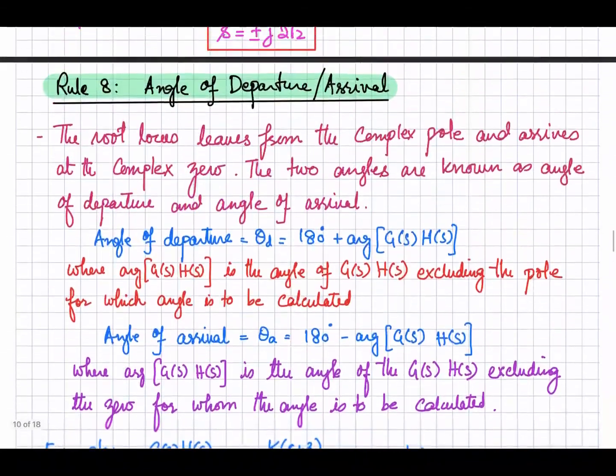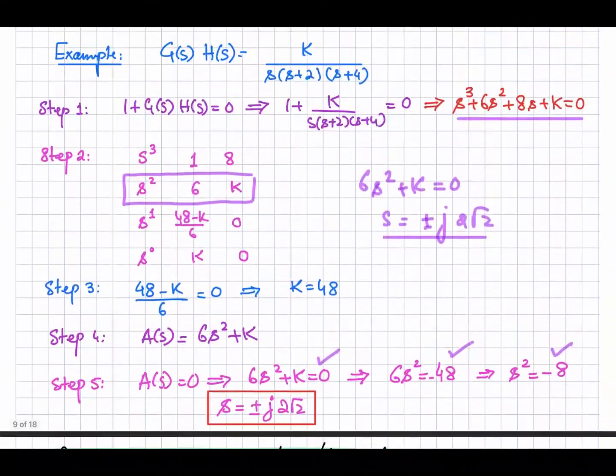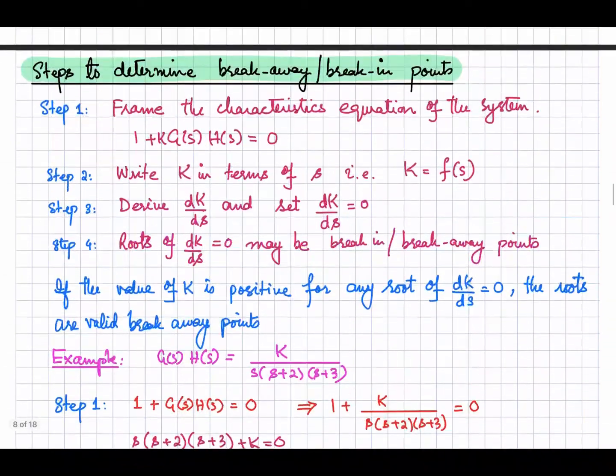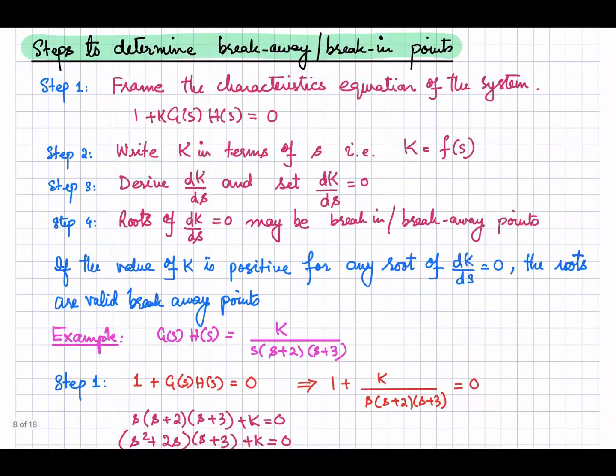In the next video we will discuss the angles of departure and arrival, that is, the angles at which the poles move towards the asymptotes to go towards infinity. That we will discuss in the next video.